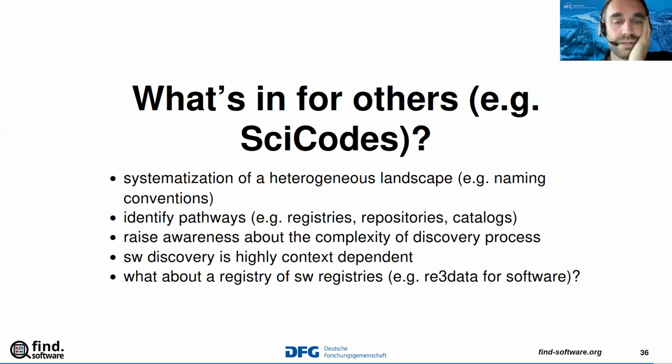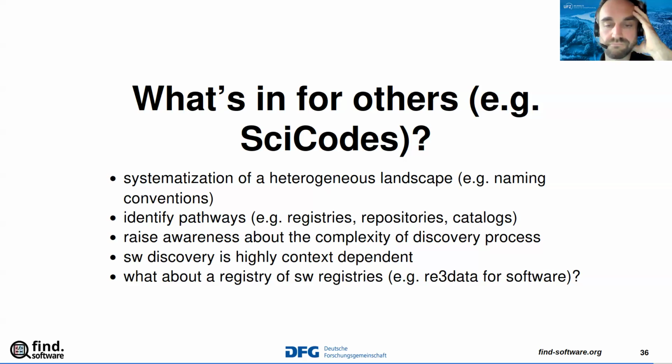And maybe as one of my last points, we also had some exchange with re3data. re3data is a registry for data repositories, and we were discussing an idea to establish a registry of software registries.